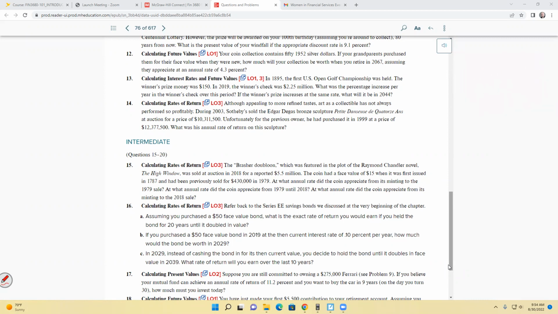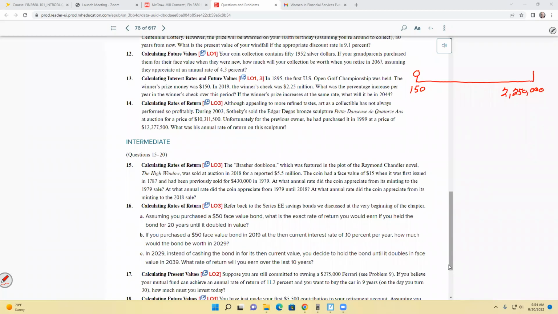Okay. All right, golf championships, here you go. This will make you want to play golf, I guess. So the first championship, they won $150. In 2019, the check was worth $2,250,000. Okay.